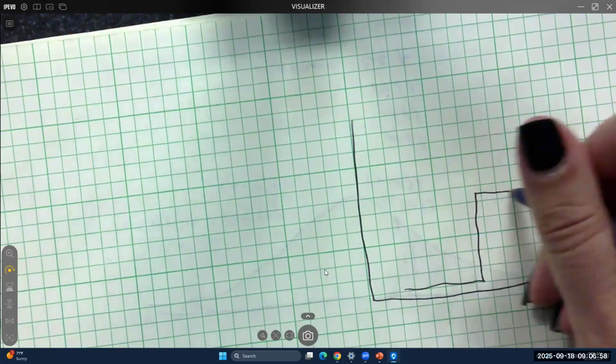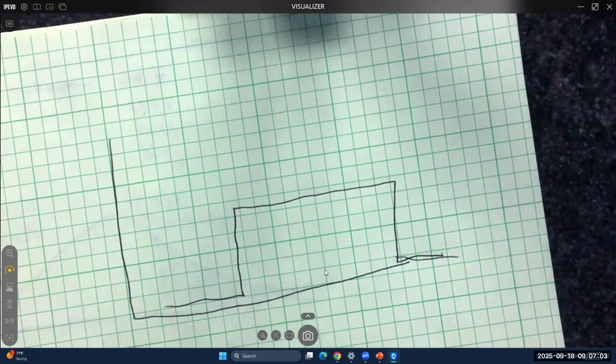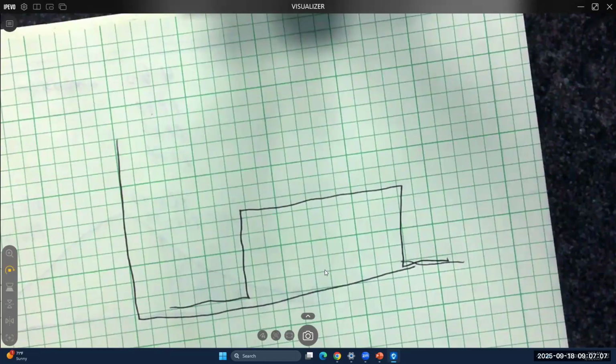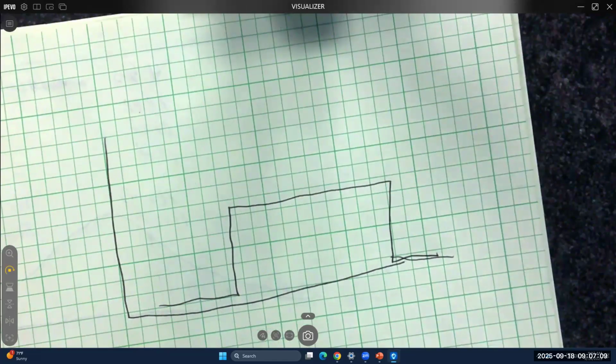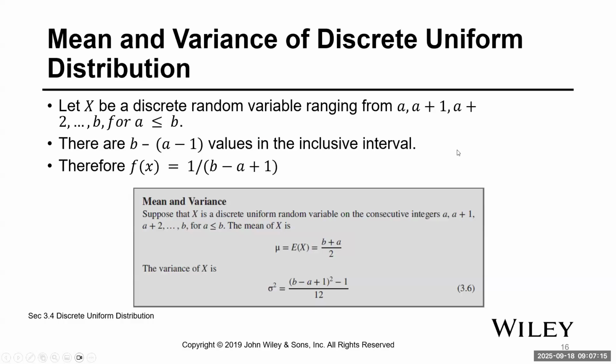It looks like this. It's just a straight line going across because they're all equally likely. So we can calculate the mean and the variance of a discrete uniform distribution with these two formulas.